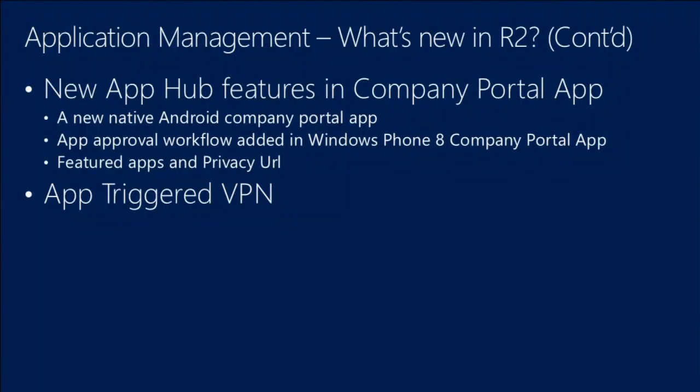So if you're on your phone, or on a Windows RT device, for example, and you're trying to access an application that requires a back-end data connection to work, you just invoke that app, and then the VPN connection automatically gets set up for you. So the end user doesn't have to go set that up. They don't have to ask, how come I can't connect to my database? That's all done for them.